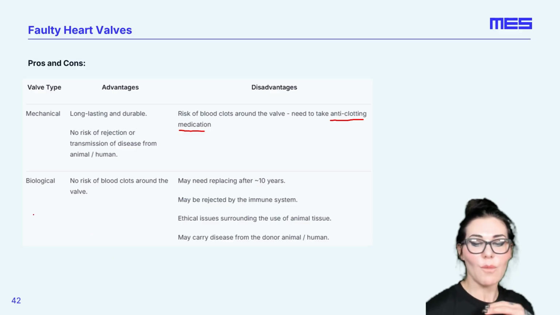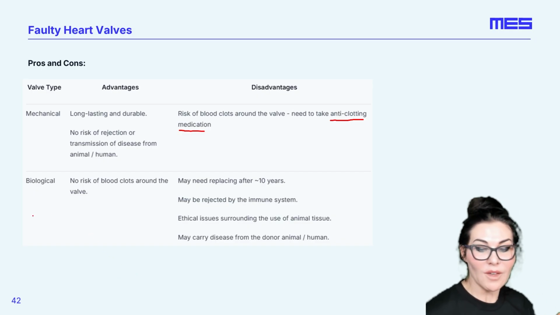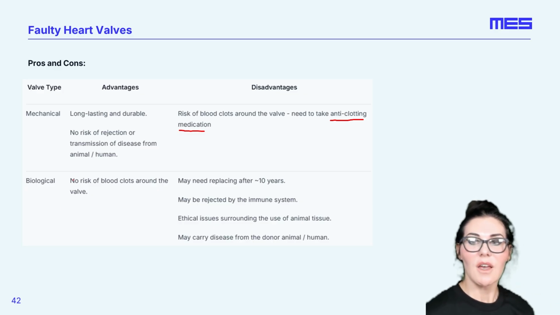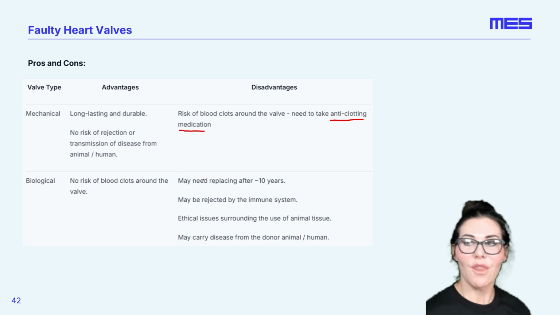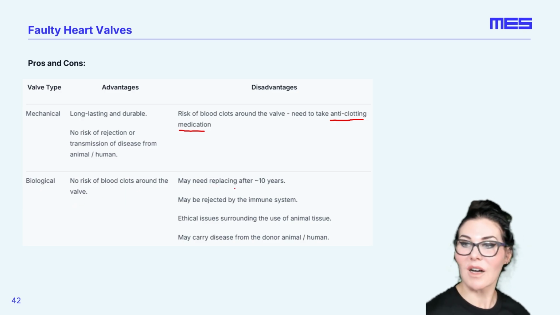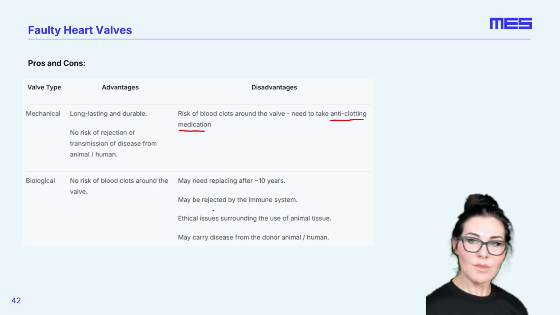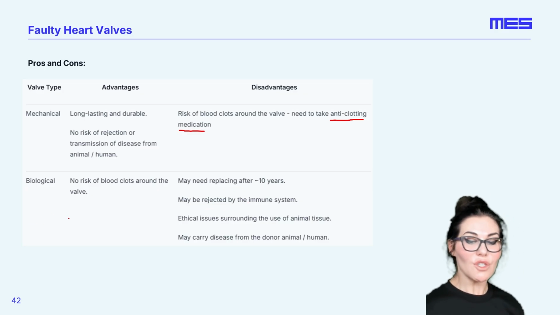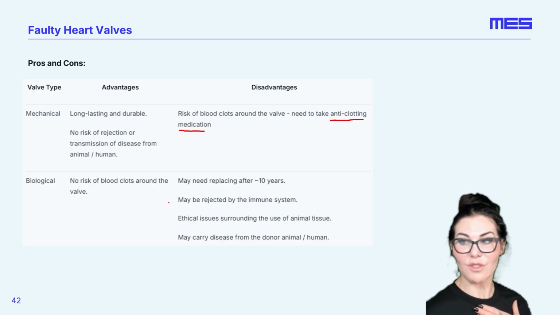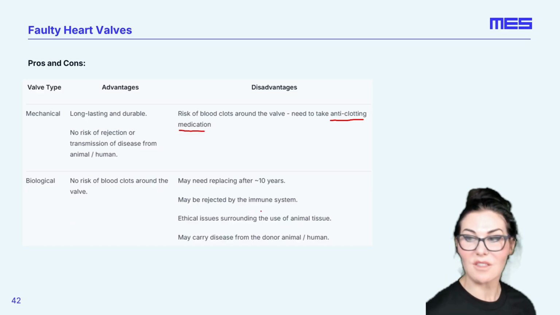Biological valves, they're ones that come from living things like animals, like humans. Now, there isn't generally risks of blood clots around these valves because they're natural, but they don't last as long as the mechanical valve. They have a lifespan of about 10 years. Sometimes, if they're the wrong tissue type, your body rejects them, your immune system attacks them.